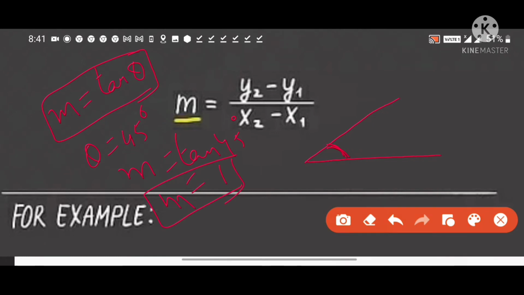But if theta is not given in the question, then if we have a straight line AB, and the coordinates are given as x1, y1 and x2, y2, then the slope is given by this formula: y2 minus y1 divided by x2 minus x1.